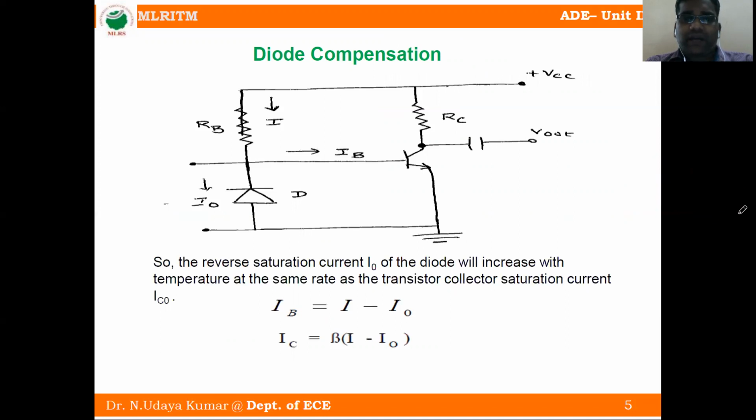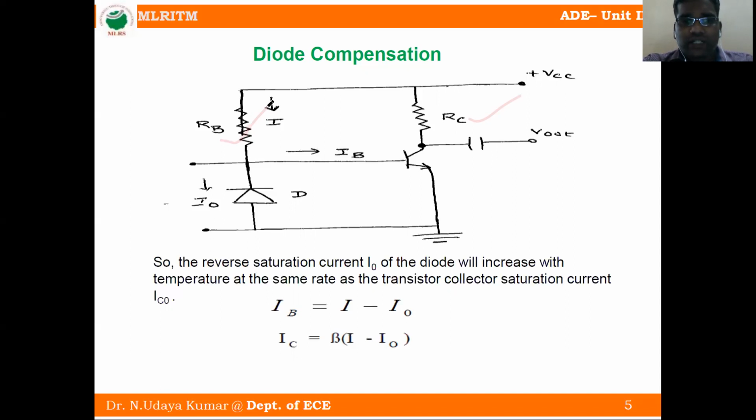It is a transistor amplifier circuit which has one collector resistance. This is the collector resistance, this is RB, the base resistance, and a diode.